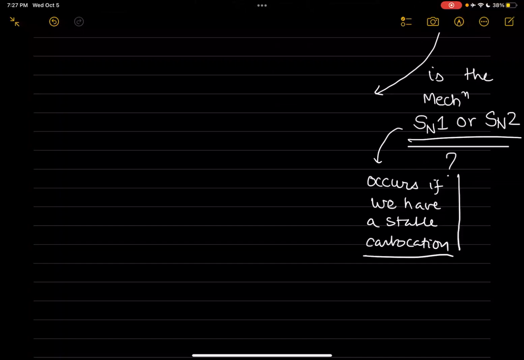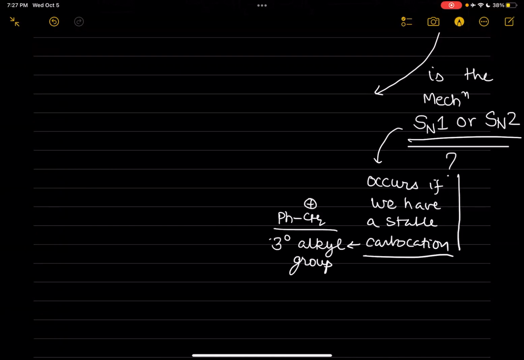And the carbocations are stable only if you have a tertiary alkyl group, or if you have a benzylic carbocation.